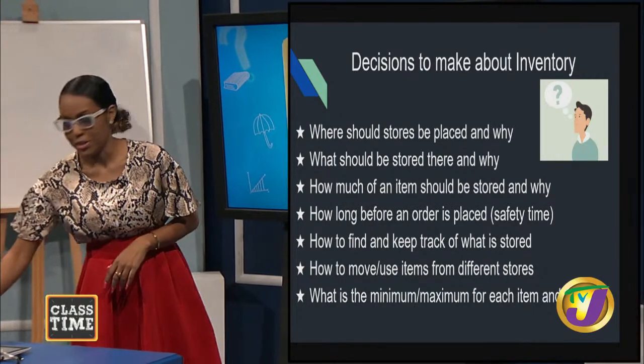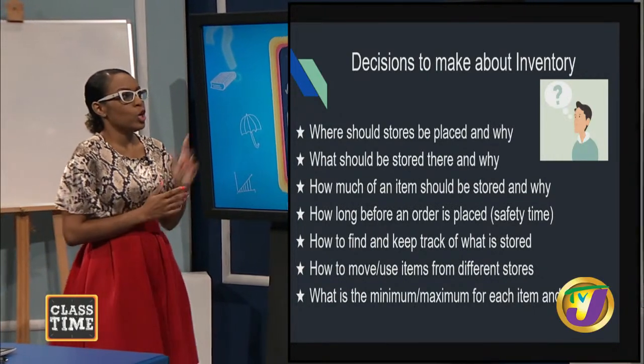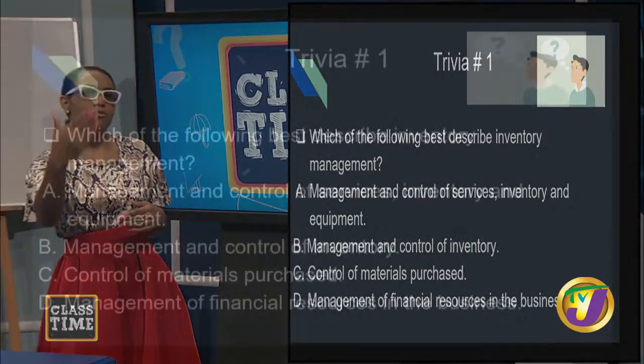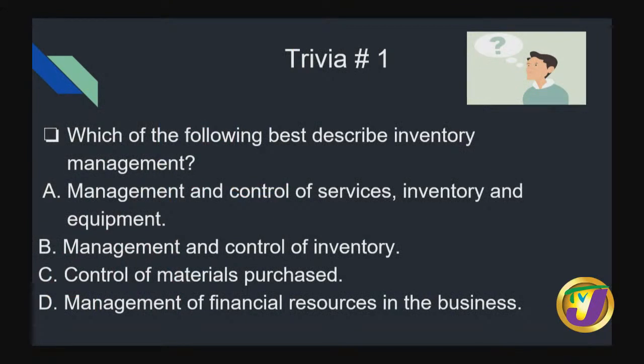All right, very good. Let us now look at a trivia question, because we got so much information just now, and I want to see that you're following me. All right, which of the following best describes inventory management? Think about it. Let us look at the responses.